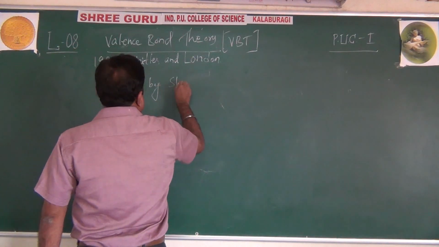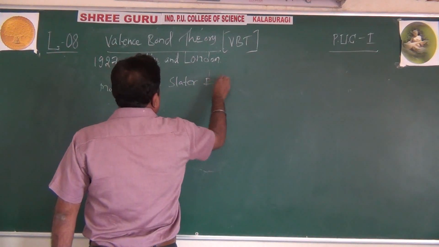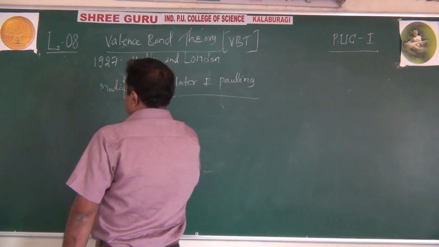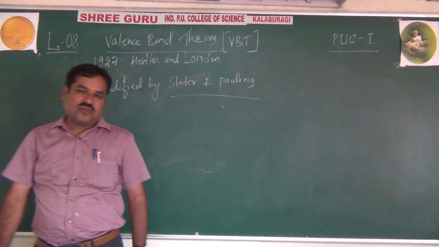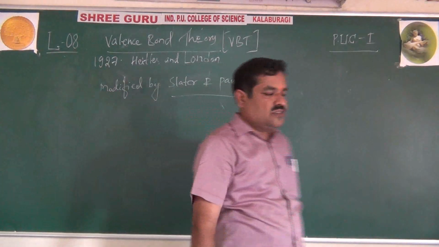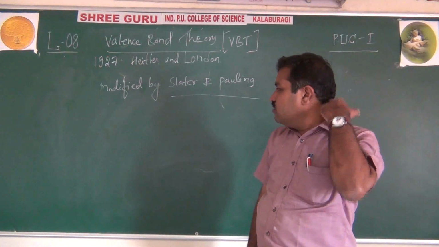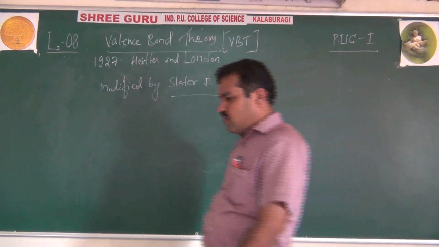Later it was modified by Slater and Pauling. Let us see what the postulates of this valence bond theory are and how it helps us get an idea about the formation of the covalent bond.